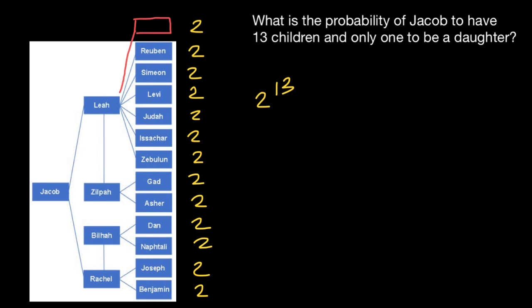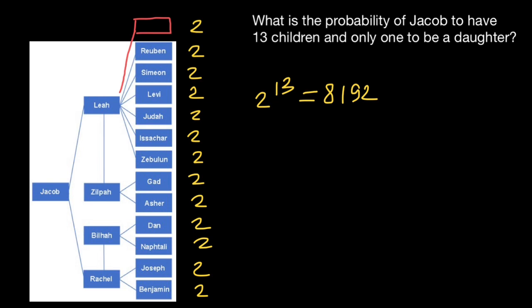So this is going to be 2 multiplied by itself 13 times. So for Jacob, there were 8,192 different variants of how he may have 13 children.